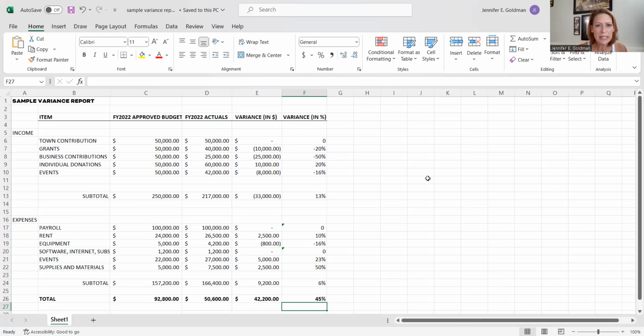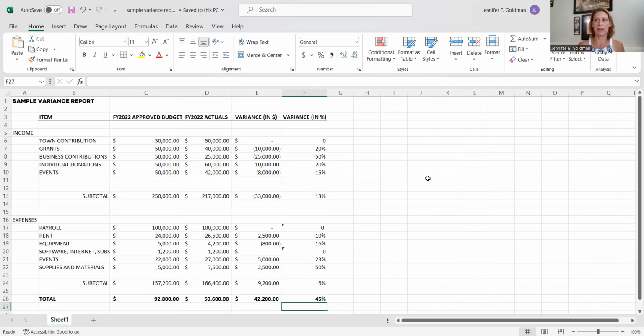Is there one where we did? Yes. So in individual donations, you can see we had planned to bring in $50,000 and we brought in $60,000, which is a difference of 20%. So again, for me, if my variance comfort zone is 12%, that's 20%. I still want to look at it, even though it's positive. I want to know why it was more. Did we excel at something?